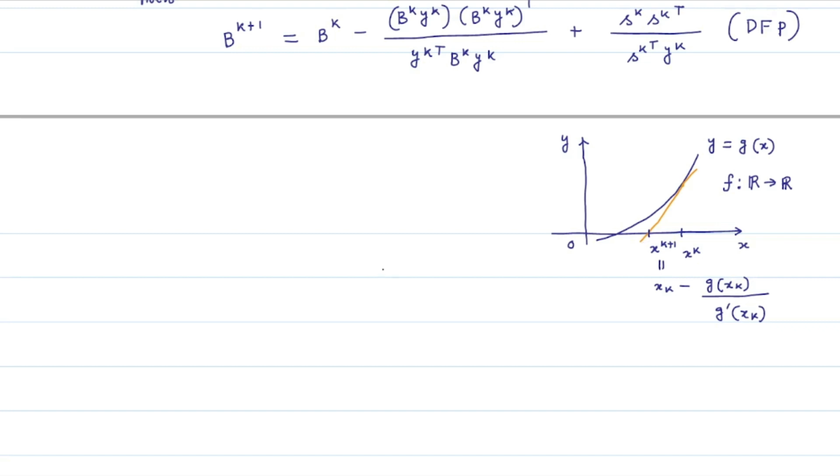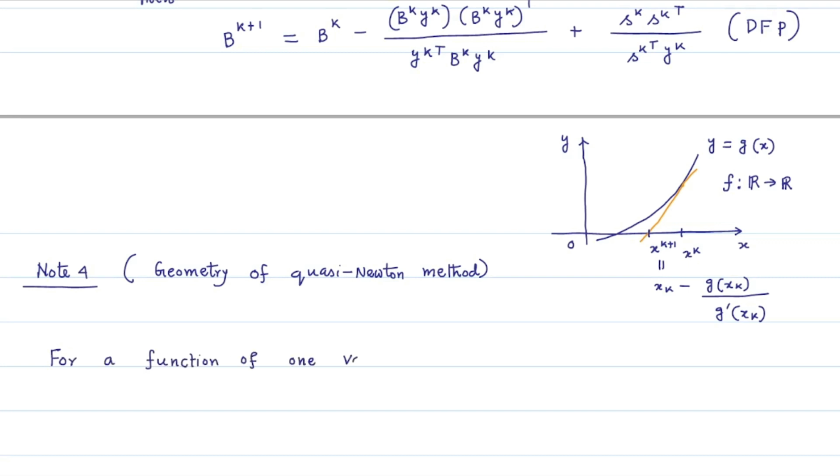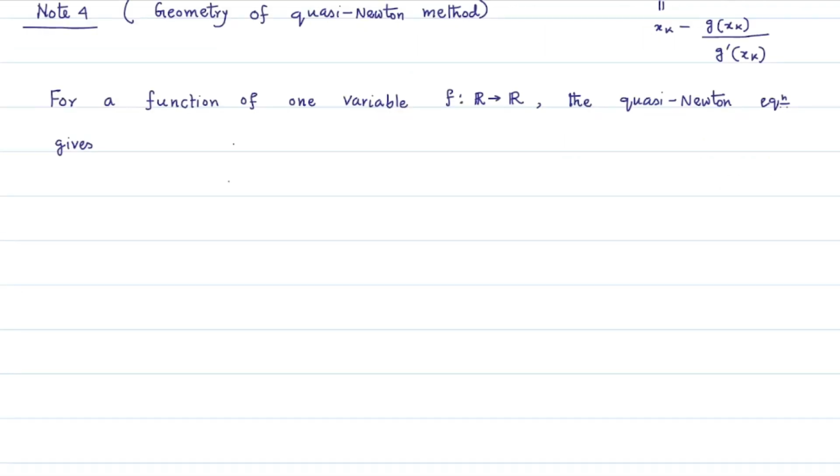For the quasi-Newton method, there is a similar geometry, which is as follows. For a function of one variable, say f, the quasi-Newton equation gives that some Bk plus 1, a real number, times yk, where yk is the derivative at the point xk plus 1 minus the derivative at the point xk, is equal to sk, where sk is given by xk plus 1 minus xk.